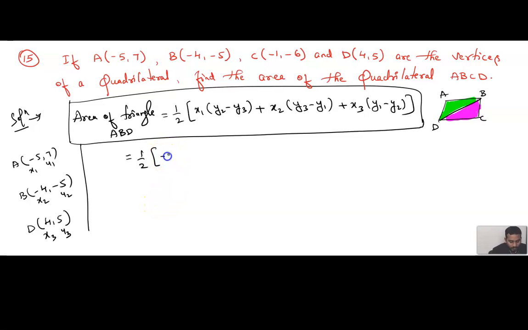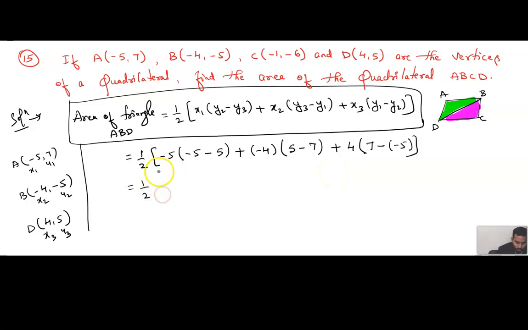X1 value is minus 5 into (y2 minus 5, minus y3 is 5), then plus x2 is minus 4, so we write in bracket minus 4 into (y3 is 5 minus y1 is 7), plus x3 is 4 into (y1 is 7 minus y2). What is the value of y2? Minus 5. Y2 is minus 5. Is this clear?